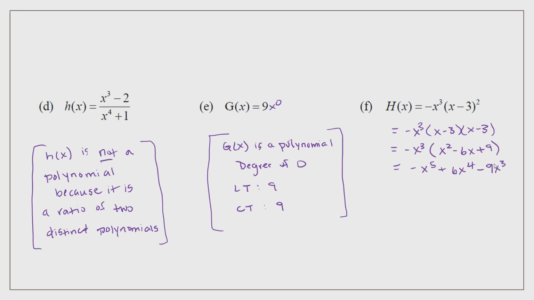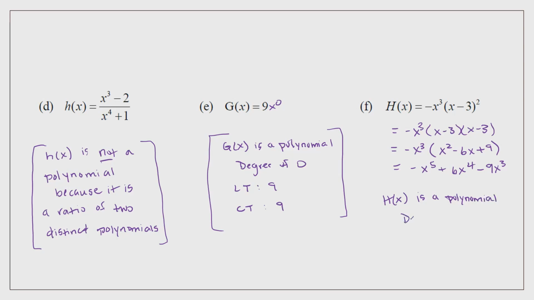Okay? And in looking at this standard form, we see here that our powers are all integers, our coefficients are constants, and our standard form has our powers in descending order. So h of x is a polynomial.